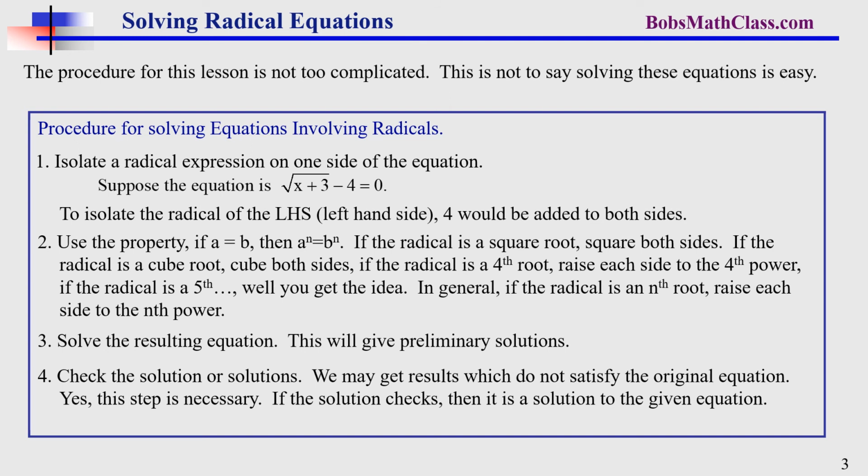In general, if it's an nth root, raise each side to the nth power. Now we're going to solve the equation, and that gives us what we'll call preliminary solutions. We have to check these solutions. If a solution satisfies the original equation, then that's an answer. If it doesn't, then it's not an answer.